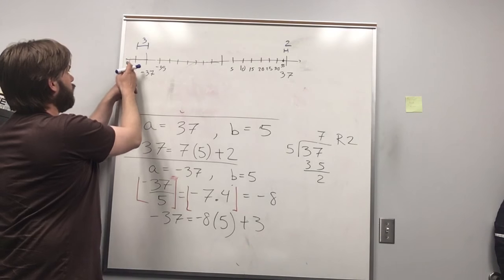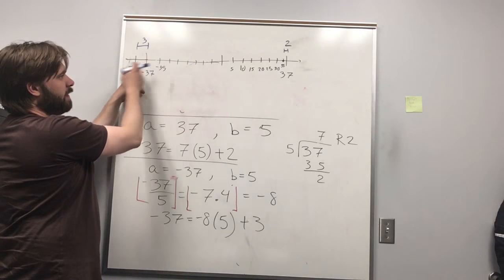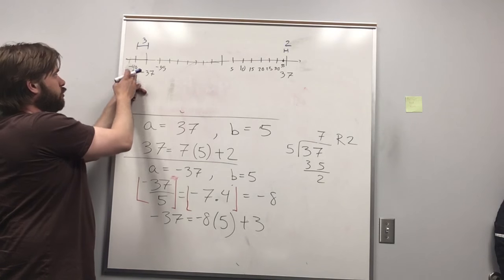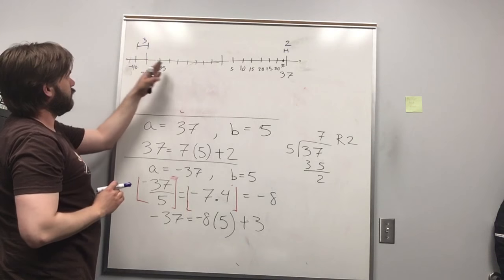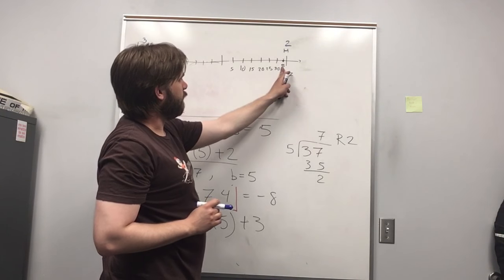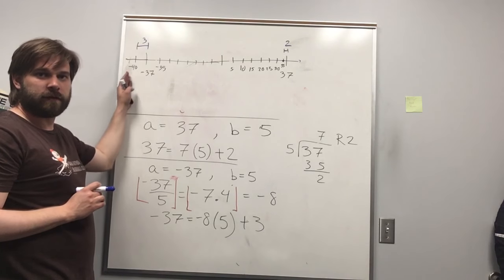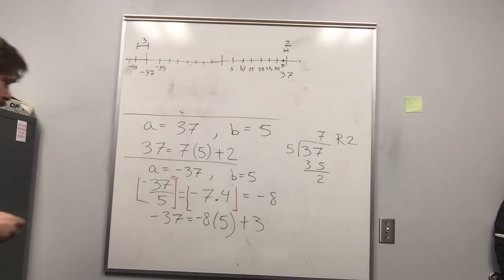So if you're thinking about a number line, you always want your remainder to add something to it. So here you go everything before 37, and here you have to go a little past negative 37.